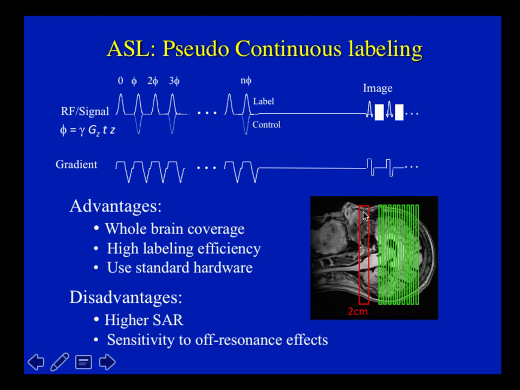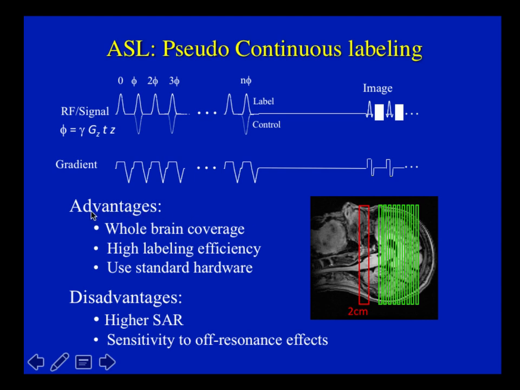Here also we define a tagging plane below the brain. In this case, the tagging plane is a little bit wider than in the continuous ASL experiment. All the blood that crosses that tagging plane gets inverted, and at a later time will change the signal intensity in the label images.